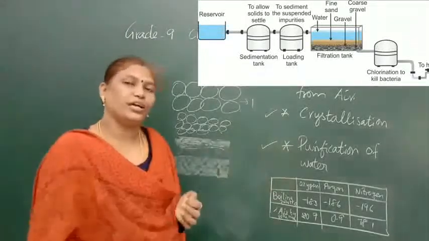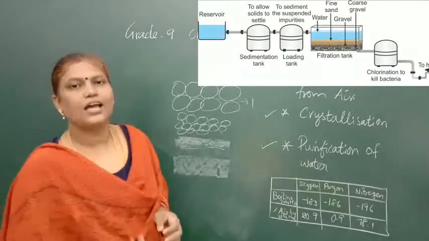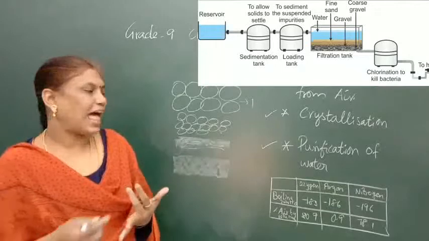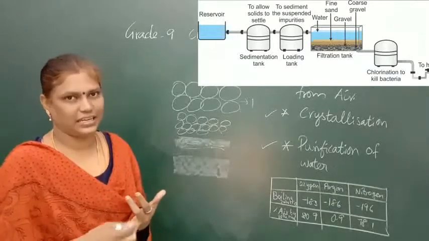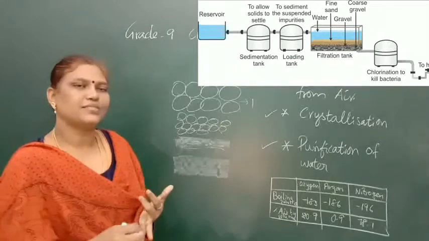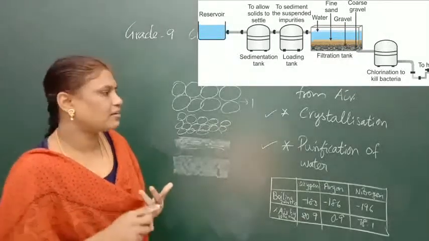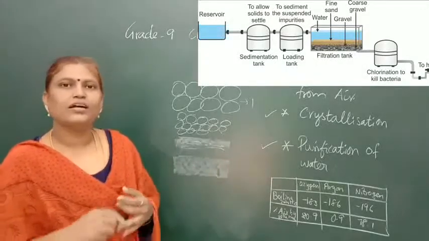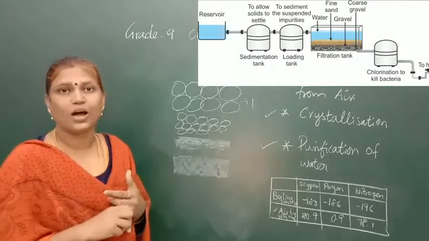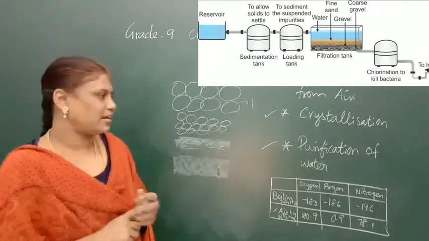But even though it may have some germs in it, for that what do we do? We can purify it by using chlorine and alum. Alum is potash alum, they will say. It is a double salt of potassium sulfate and aluminum sulfate. So chlorine and alum are used for killing the germs. It is a disinfectant and it purifies the water. Chlorination is done after this.